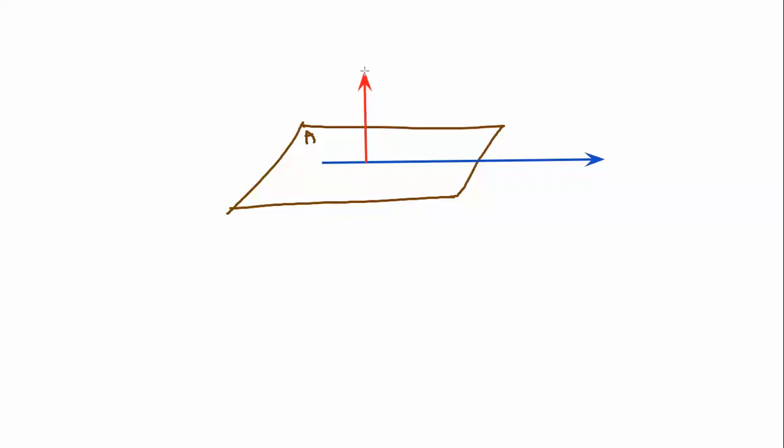This is n cap and this is B bar. This B bar is parallel to the surface, which means with the normal it makes 90 degrees.